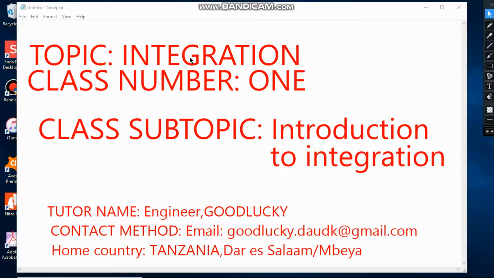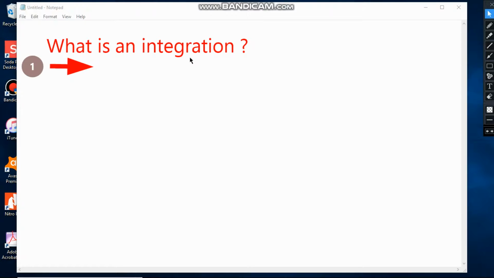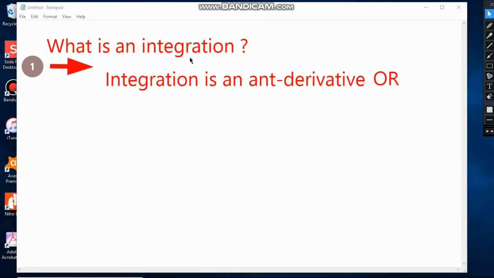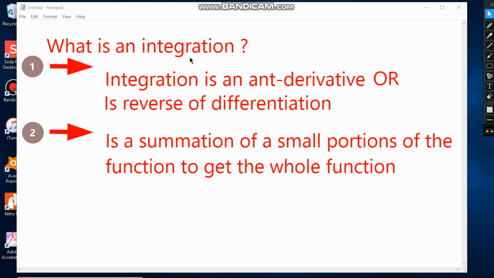Okay, what is integration? Some define integration as an antiderivative, or the reverse of differentiation, and some define it as a summation of small portions of the function to get the whole function.